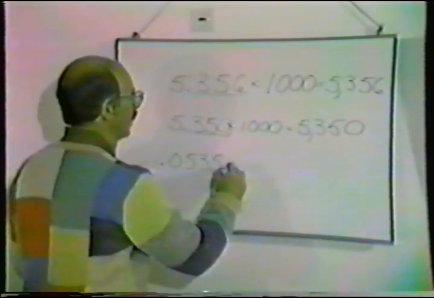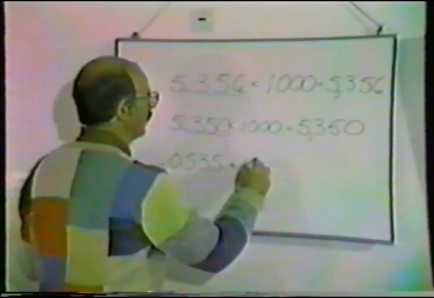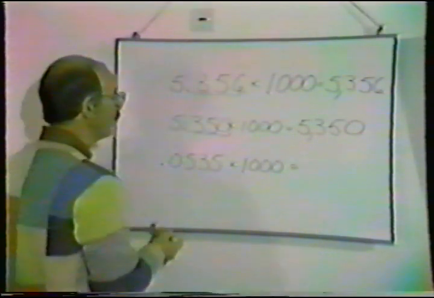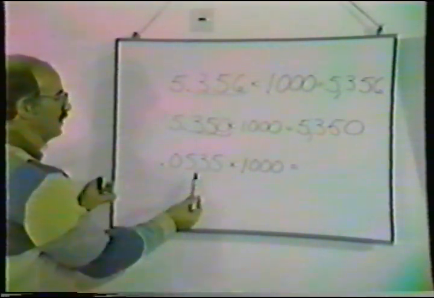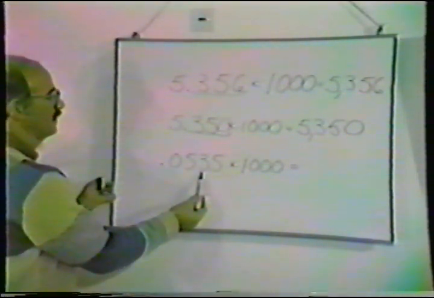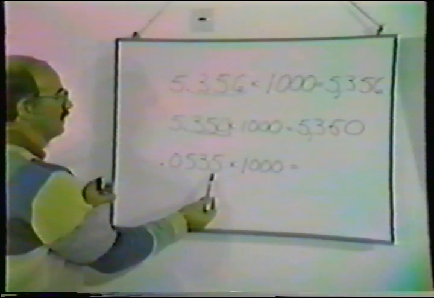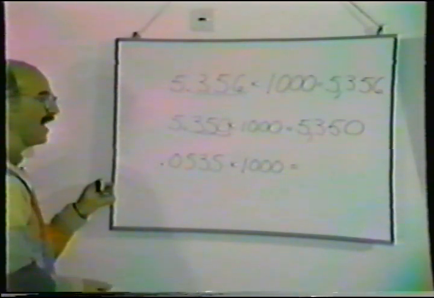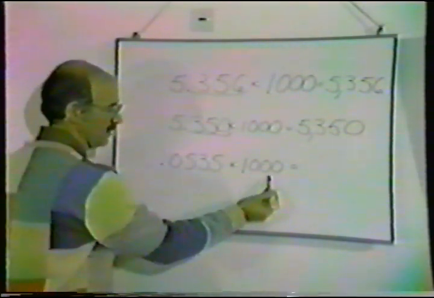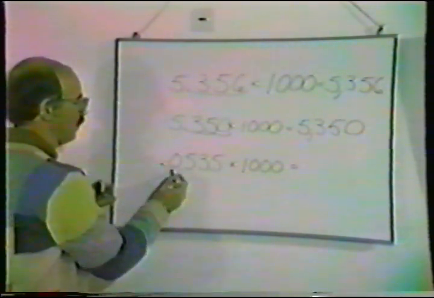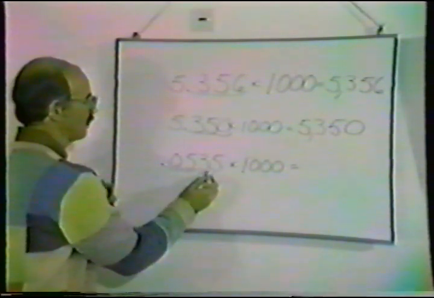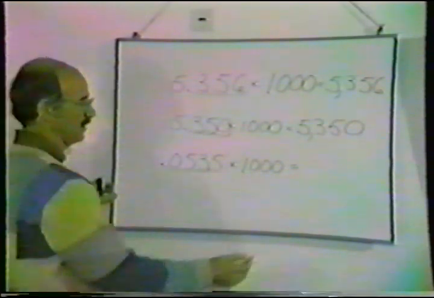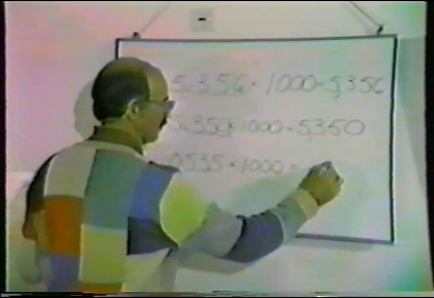0.0535 times 1,000 equals what? Read me this number. 535 10,000ths. Yes. Now I'm going to go how many places to the right? 3. 1, 2, 3. Now read me my answer. 53 and 5/10.